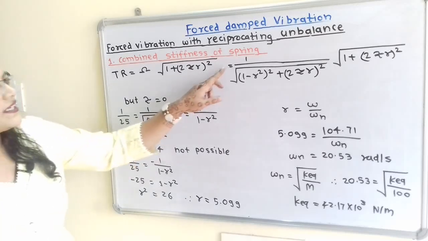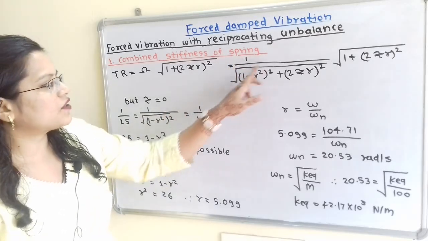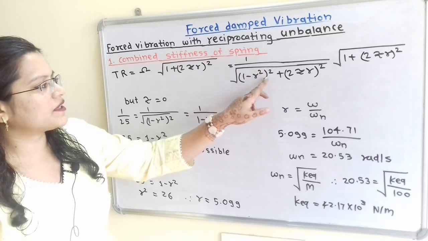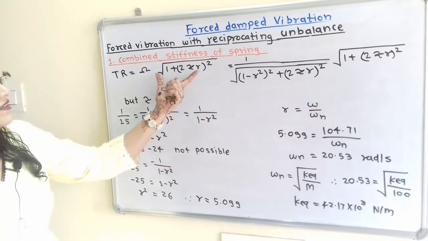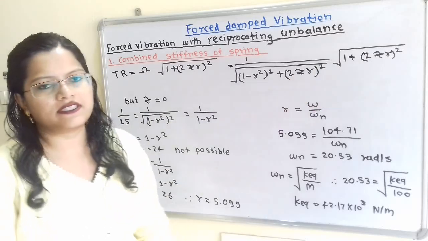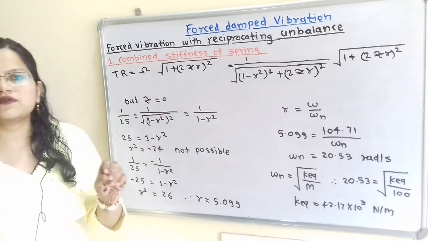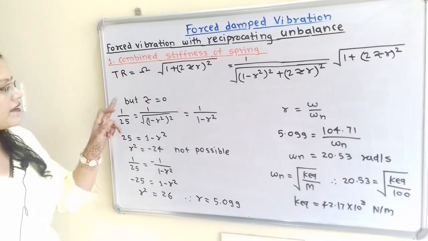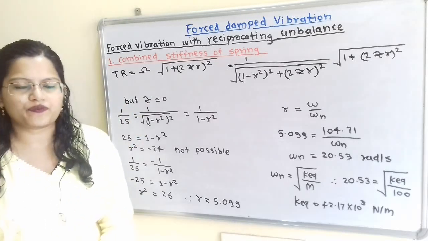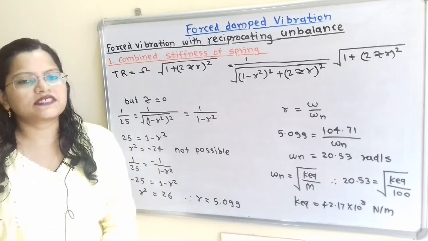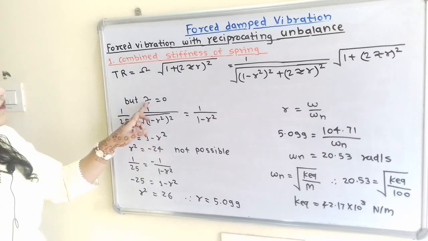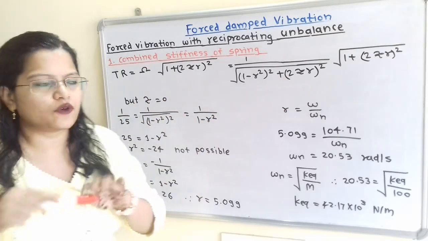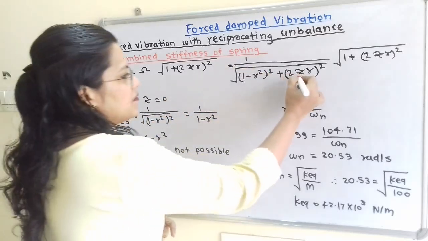So it is equal to 1 divided by under root of (1 minus r square) bracket square plus (2 zeta r) bracket square, and this square root term as it is. Now for this case we know that damping factor zeta is equal to 0 because damping is given as negligible for this question. So when we put zeta is equal to 0, then these two terms will become 0.